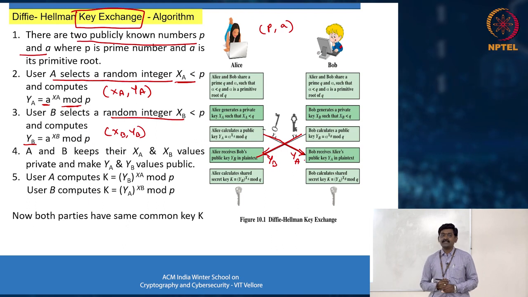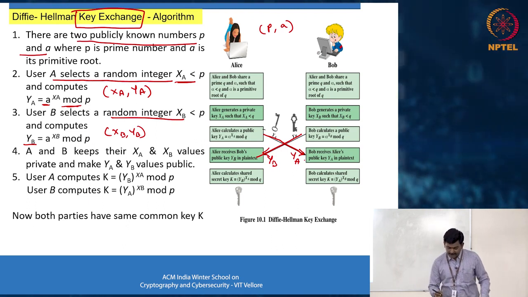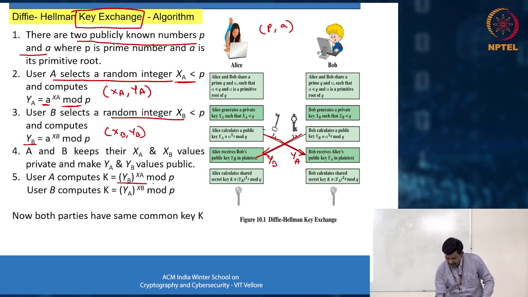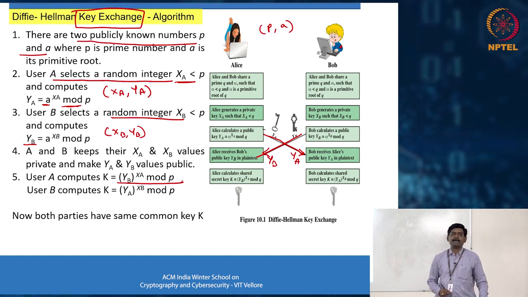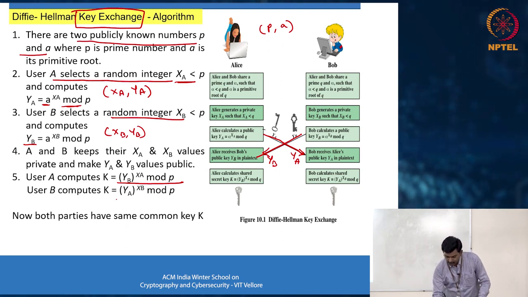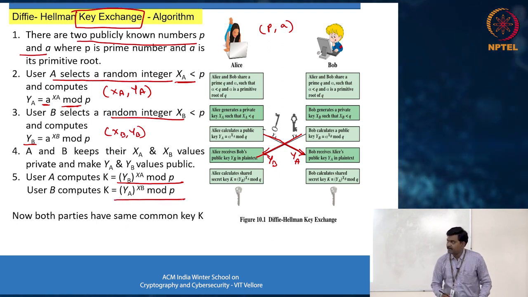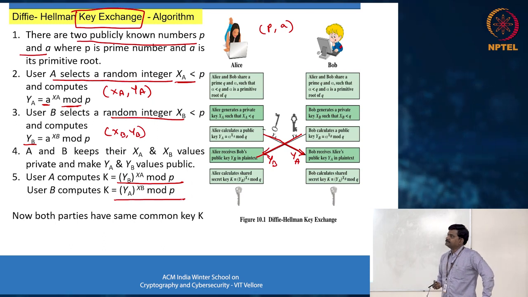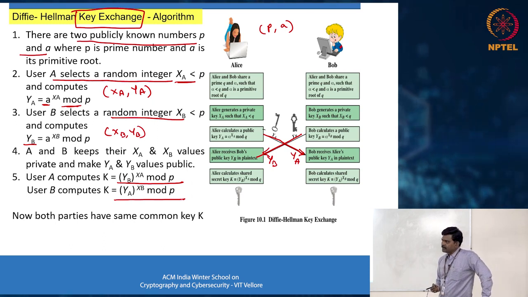Now, what did Alice do? Alice calculated yb power xa mod p, and what did Bob do? ya power xb mod p. Can they do that or not?